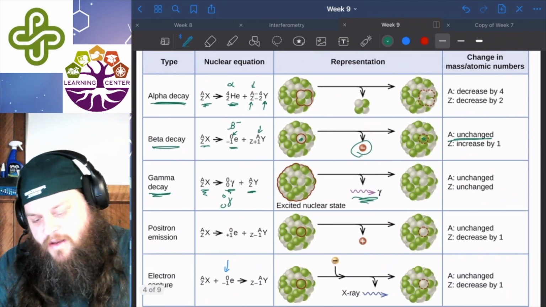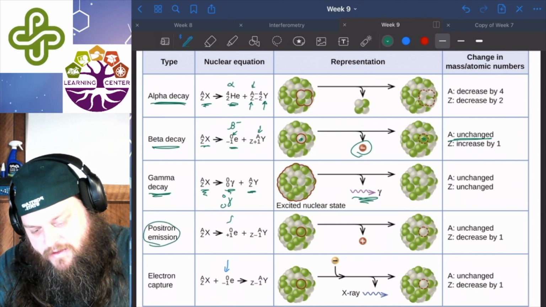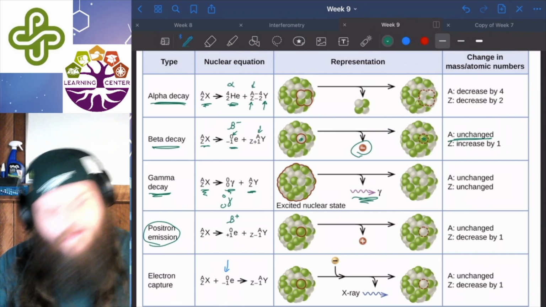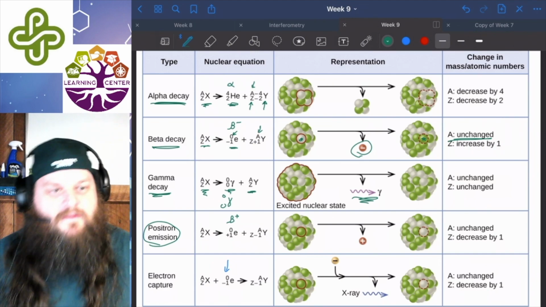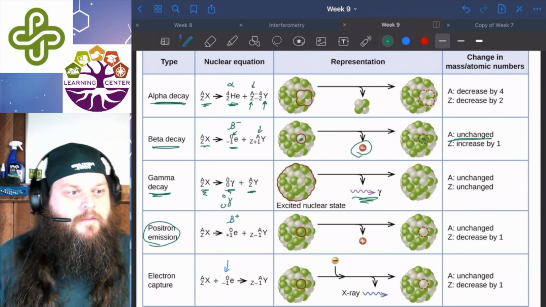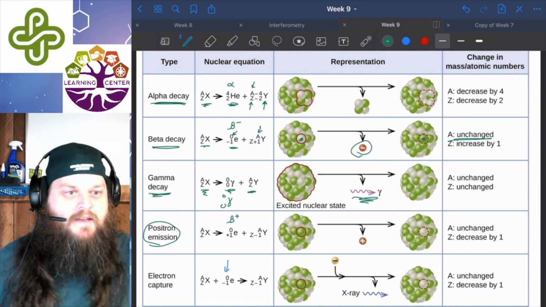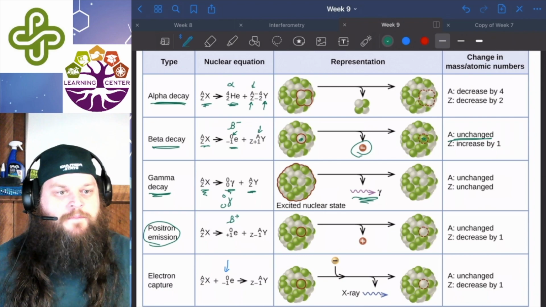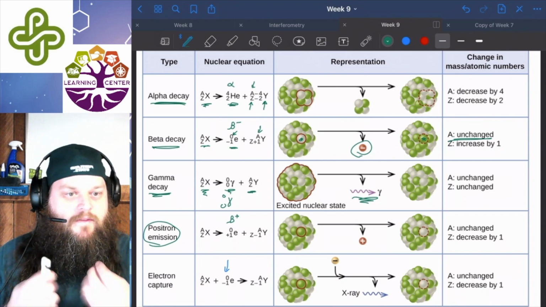The positron emission we see here, we can also call this a beta plus particle. Positrons are just positively charged electrons. So for every form of matter in the fundamental particles, there's an equivalent antimatter that has the opposite charge and the same mass. In this case, the positron is that antimatter to an electron. Electrons have the mass that they do.